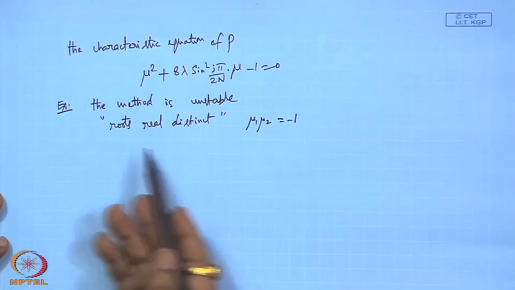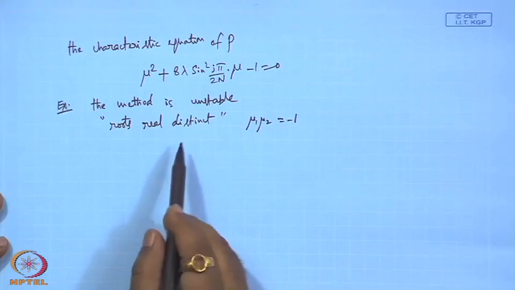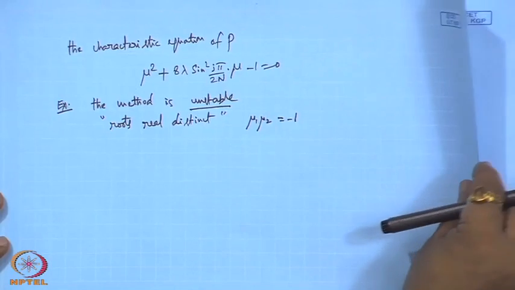I am just giving a hint. So, you can prove that the method is unstable. I hope you are now in a position to discuss stability of any finite difference scheme via either matrix stability or the Fourier series stability method. Let us go for a few more examples.